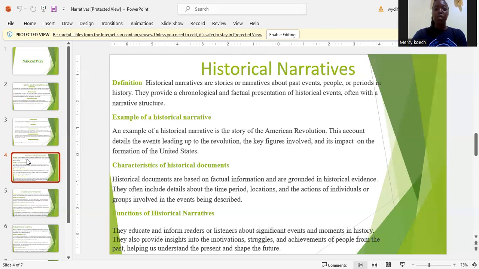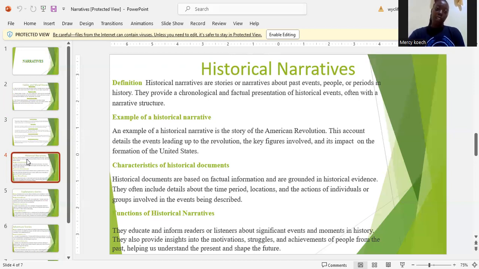Characteristics of historical narratives. Historical narratives are based on factual information and are grounded in historical evidence. They often include details about the time period, locations, and the actions of individuals or groups involved in the events being described.